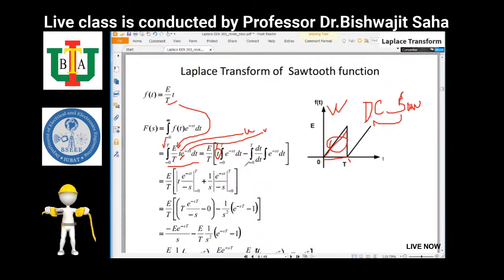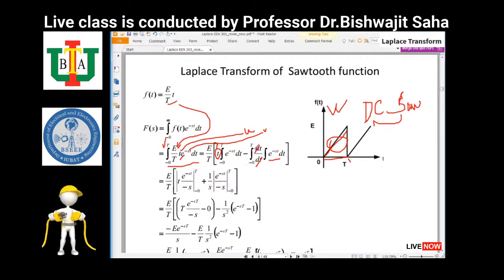So we again apply the uv partial integration formula. Here we found E by T, t into the integration of e to the power minus st, that is e to the power minus st over minus s, 0 minus to T, plus the second part, which is 1 over s e to the power minus st. So this is 1 over minus s, e to the power minus st, and this dt cancels out, finishing that part.